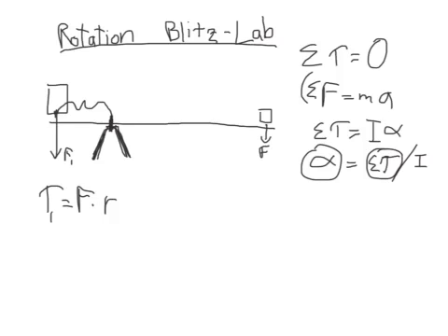So the torque 1 equals a big force times a small moment arm, and over here we have a small force times a much larger moment arm.